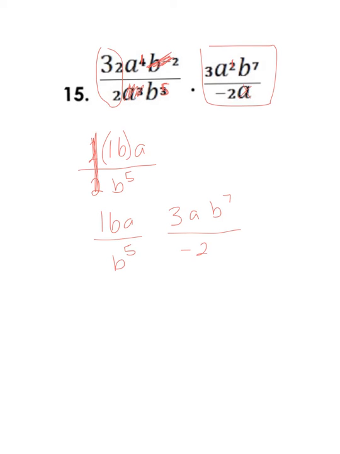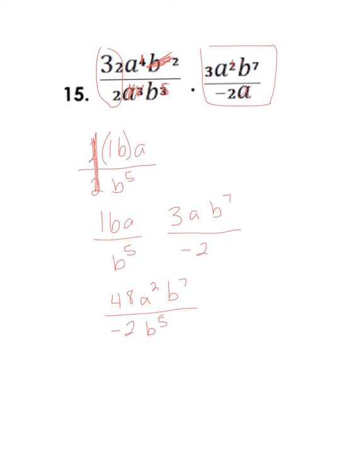Now if I multiply the numerator times the numerator and the denominator times the denominator, I'm going to have 48a to the second, b to the seventh over negative 2b to the fifth.